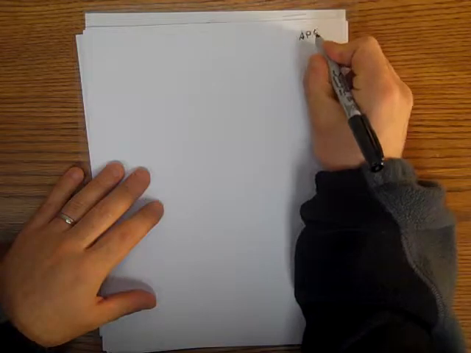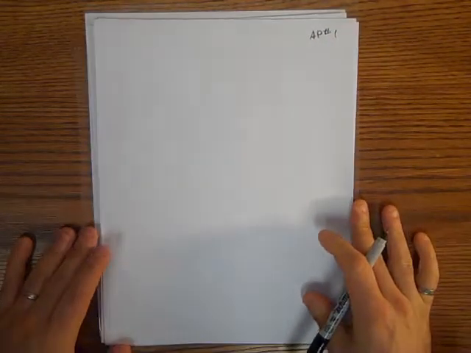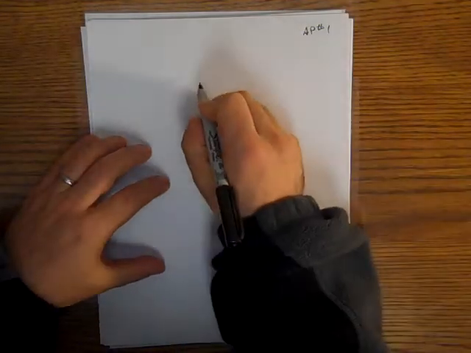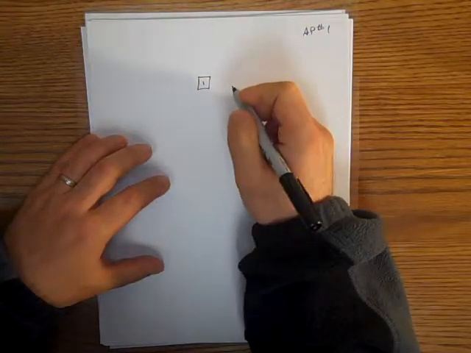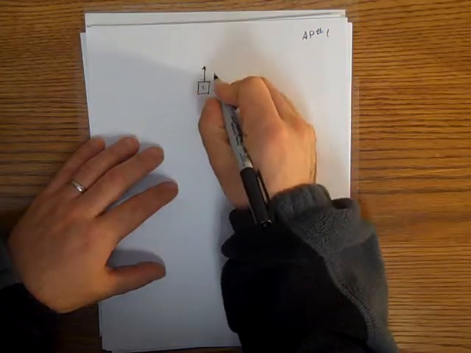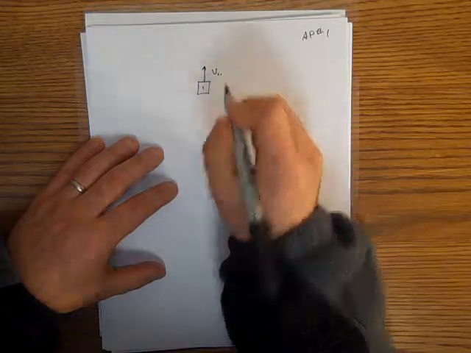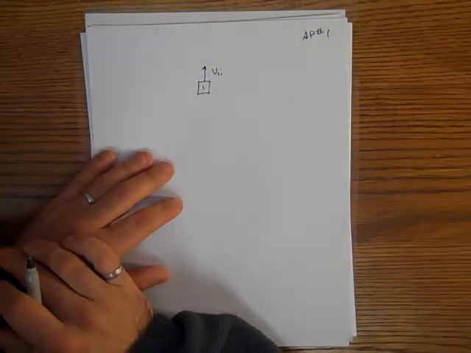Alright, let's talk about additional problem number 1 from problem set 10. In this problem, we have two cars colliding. Your friend's car, car 1, is traveling north with some initial velocity.